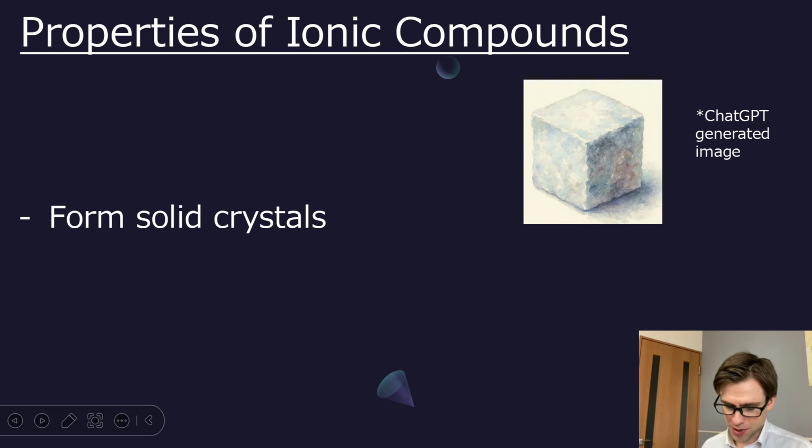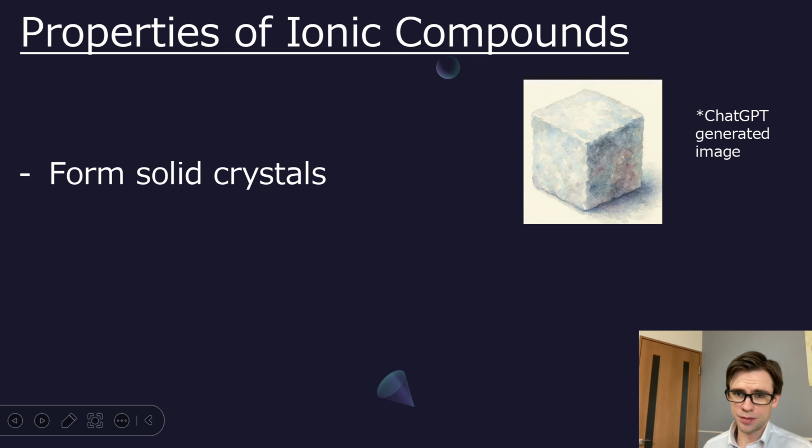Properties of ionic compounds. So this is a review slide, but I want you to now think about why these things happen. Why do ionic compounds form solid crystals? Well, it's generally because the ions are very attracted to each other, not only to one single partner, but the ionic unit, for example NaCl, is attracted to other ions and other ionic units around it very strongly.